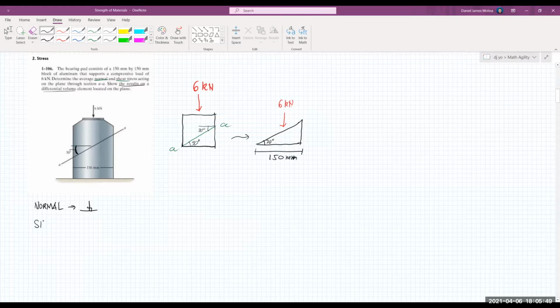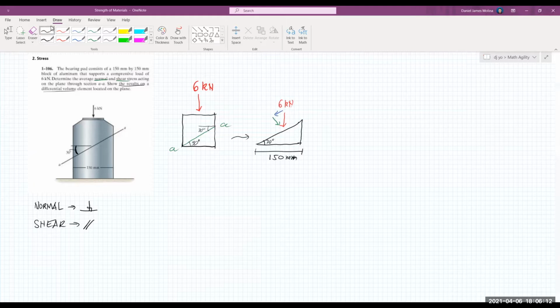And then similarly for shear stress, we have a force parallel to the plane. So we will resolve the 6 kilonewton force into its perpendicular and parallel components. So we have this one, and this one.